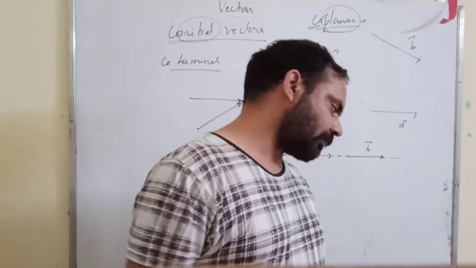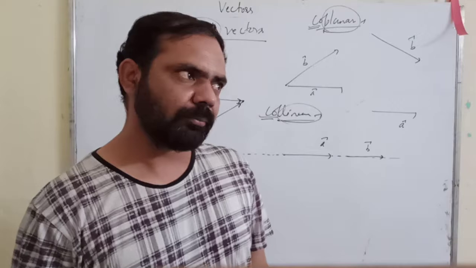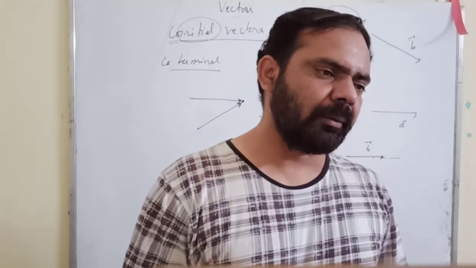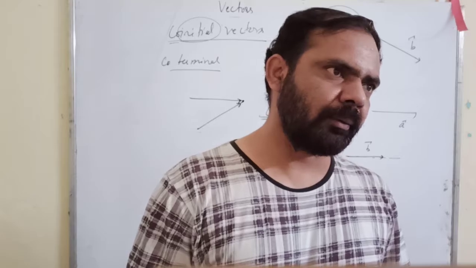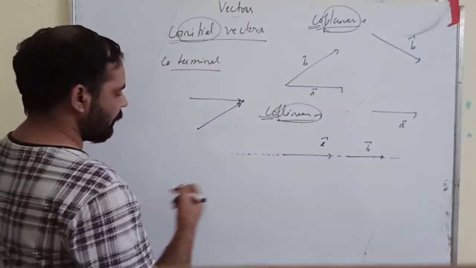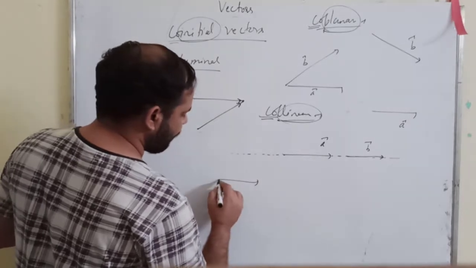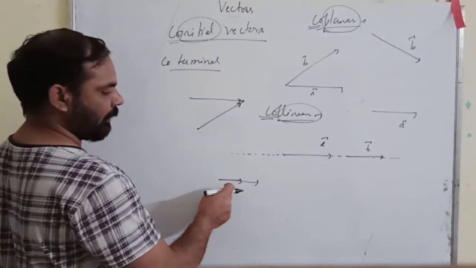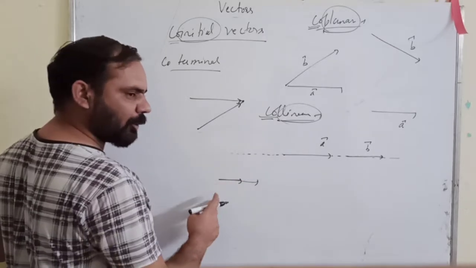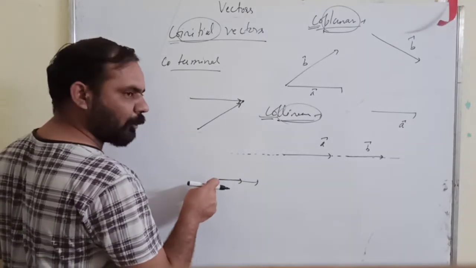Sir, can the two vectors overlap each other? Yeah, sure. Why not? They can overlap also. This is one vector, this is another vector. Now these two vectors are collinear. Yes. Are they coplanar? Yes. Are they co-initial?